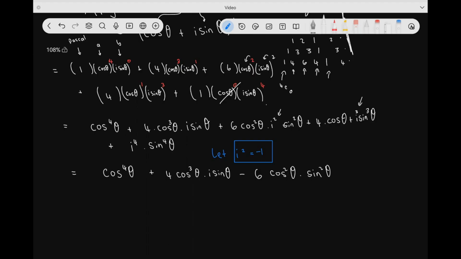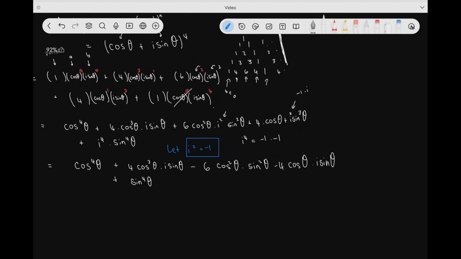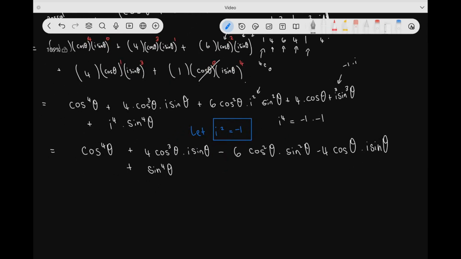In this particular case, it's going to be minus 1 times i, so that becomes minus 4 cosine theta times i sine theta. And then finally, if I have i to the 4, that will be minus 1 times minus 1, which is plus sine 4 theta. Okay, see what we got over here.